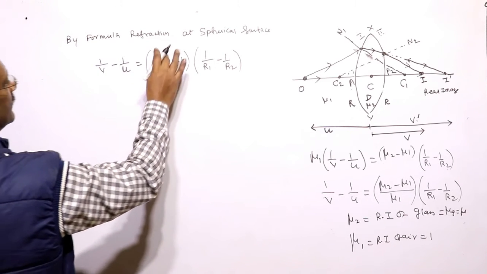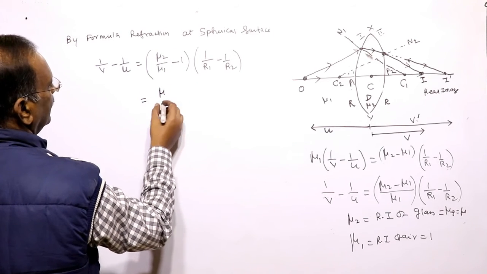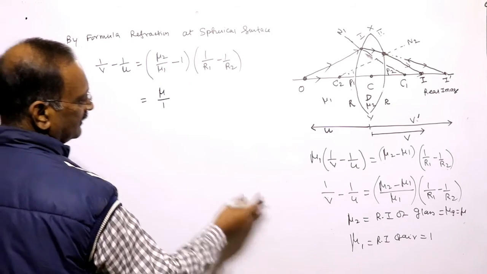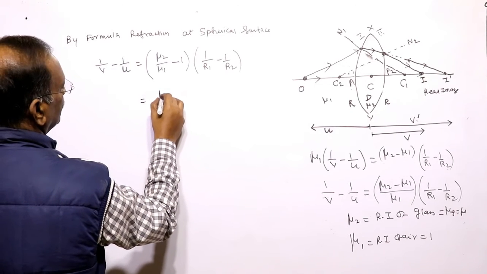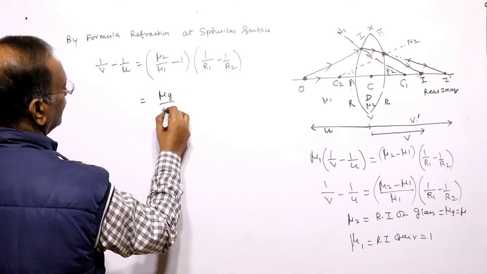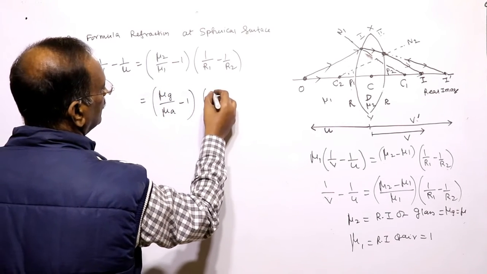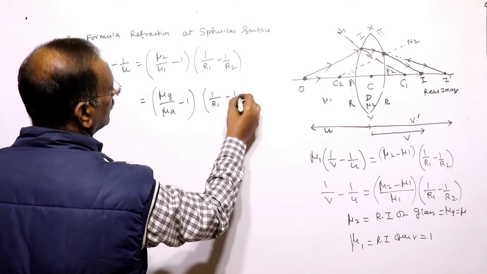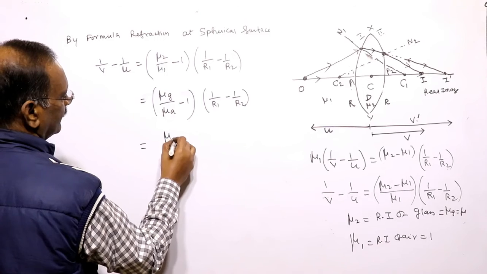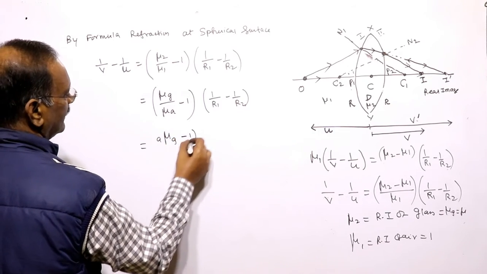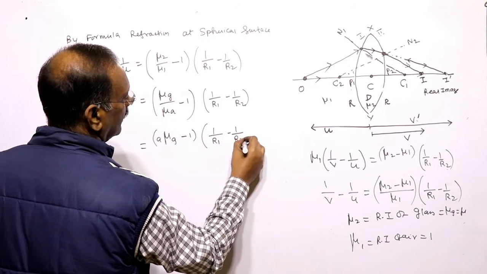So what is mu2 by mu1? Denser, rarer, so we can write the refractive index of the medium, that is glass, by 1, minus 1. Or simply we can write it this way also: the refractive index of glass with respect to air minus 1, into 1 by R1 minus 1 by R2.